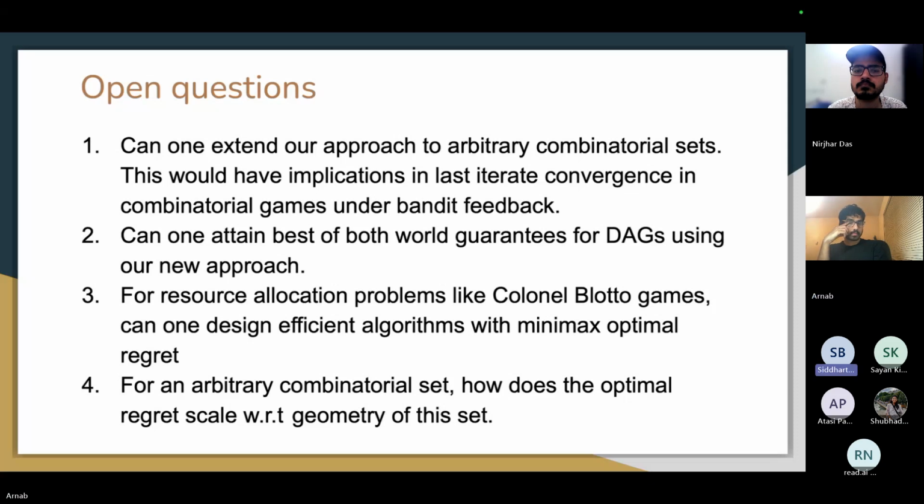A particular instantiation would be, instead of picking paths, you pick a tree in a graph, like a spanning tree, and then get to see its weight. So the graphic matroid, where you pick a spanning tree and the adversary sets the loss on the edges.